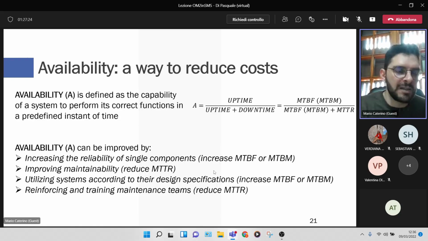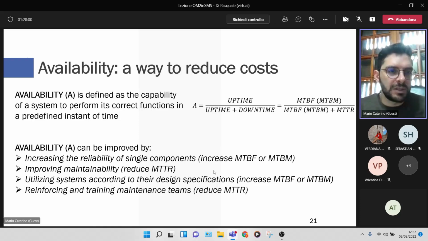If my car is designed to work in temperatures between -15 and +50 degrees, and I go to the North Pole, I should expect that the availability of my car is reduced, because I am not using it according to its specifications.